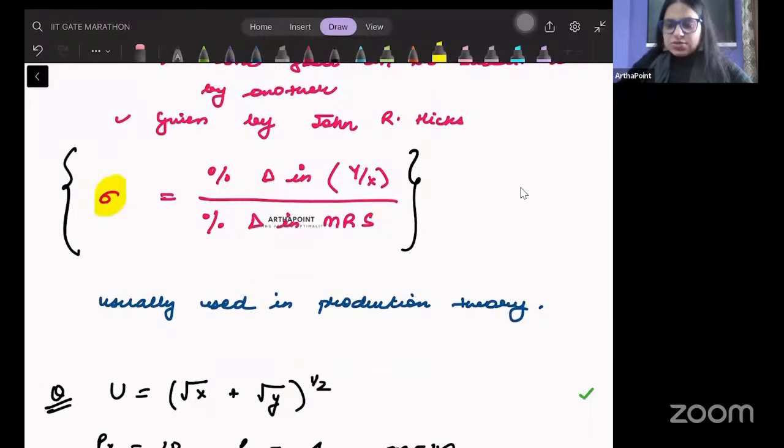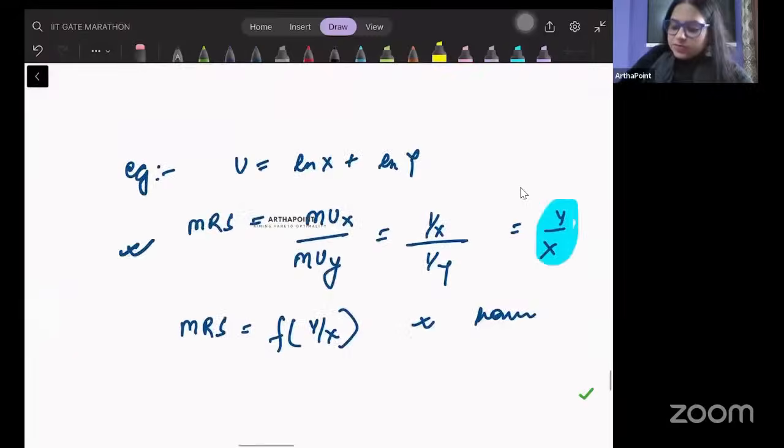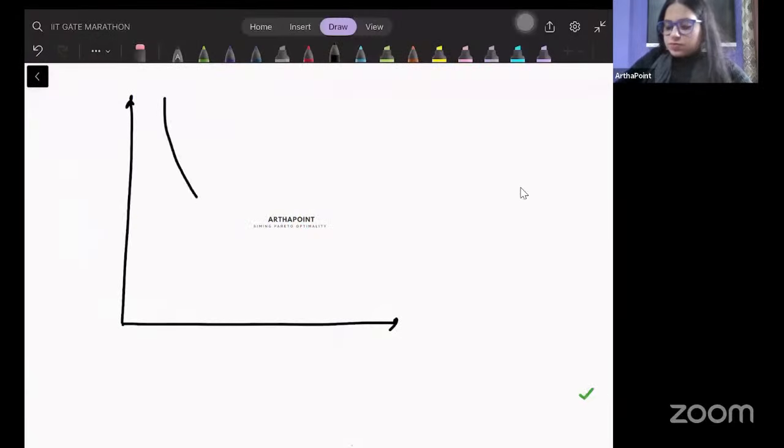This concept is used more on the production side. But here just remember, it tells me how y by x changes as MRS changes. So if I make an indifference curve, suppose we talk about this point. At any point on the indifference curve, I can find the slope.